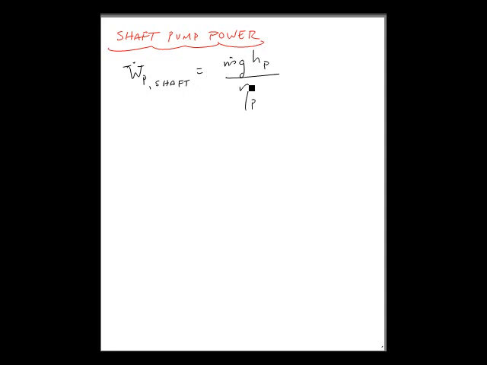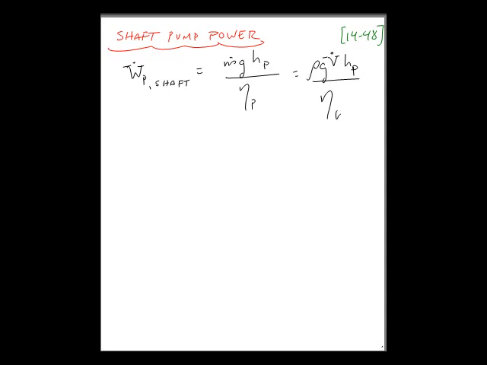And I can write this, my mass flow rate, in terms of density, gravity, volumetric flow rate, pump head, and efficiency. And this is 14-48. Okay. So that is how I would get the shaft power that I am looking for.